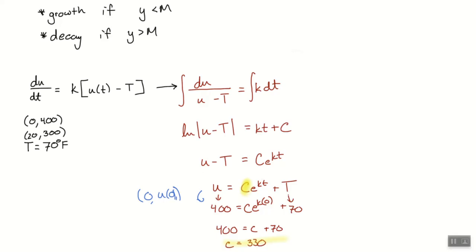Okay, what is it? And I'm going to switch back to the right notation. We left off the of t part from the beginning, so it was a little bit nicer to write down and look at. We now know that u of t is exactly equal to, what was c? So 330 e to the kt plus what? Plus 70.